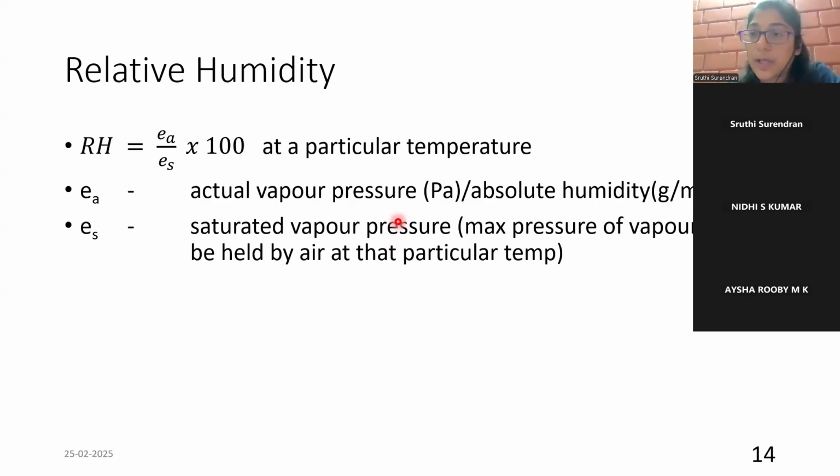So I will keep talking about it as vapor pressure because I don't want to keep saying four different names of the same quantity. So actual vapor pressure to saturated vapor pressure is what is relative humidity. The percentage of actual vapor pressure to saturated vapor pressure is relative humidity.